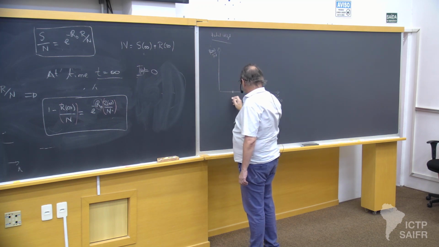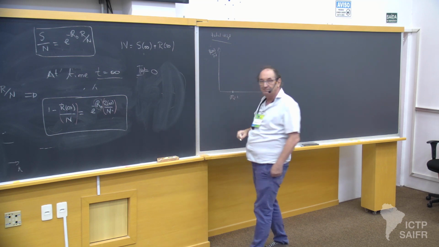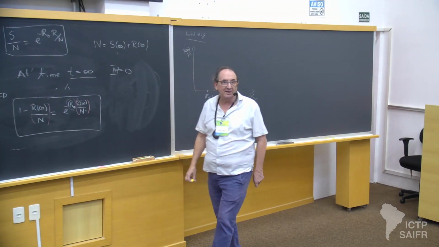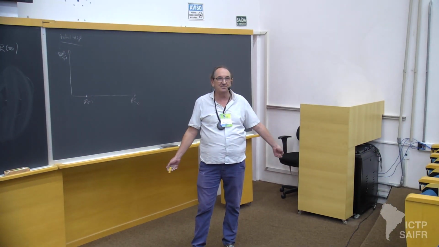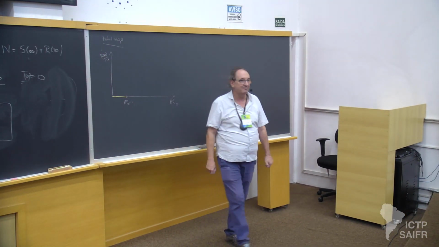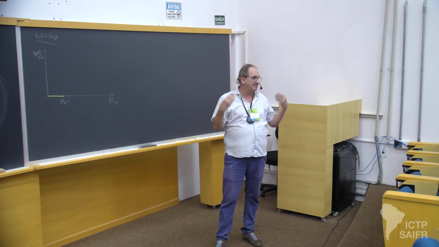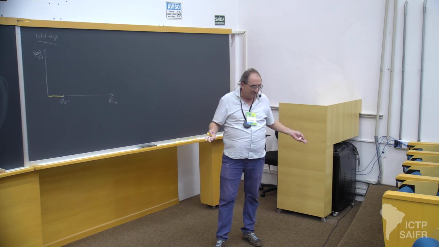Then you have a threshold value, which is R0 equal to 1. If R0 is smaller than 1, the total size of the epidemic is 0, because there's no epidemic. Remember, R0 bigger than 1 was the condition for the existence of an epidemic. Therefore, in order to talk about total size of an epidemic, I need R0 to be bigger than 1, otherwise I don't even have an epidemic.